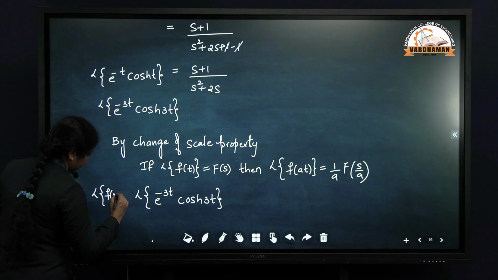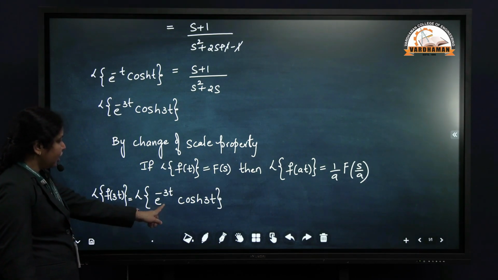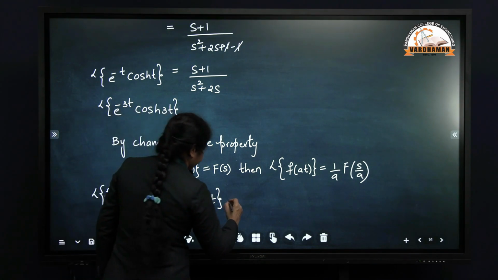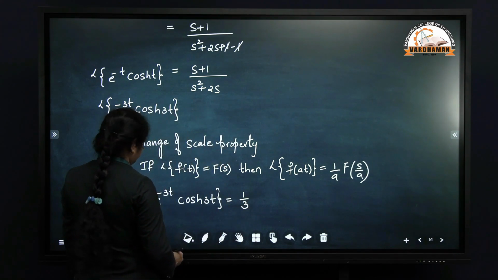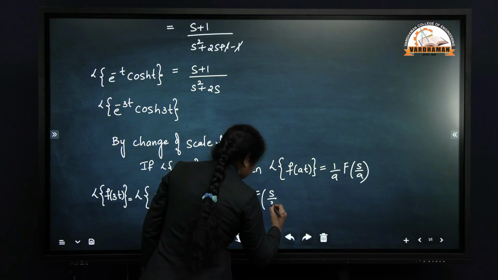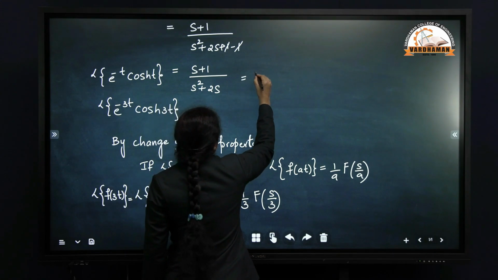So this is L of f of 3t, and this equals L of e power minus 3t cosh 3t, and this is nothing but 1 by 3 into F of s by 3, where what is F of s? So this is F of s.